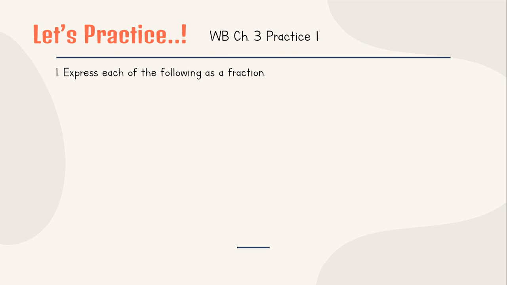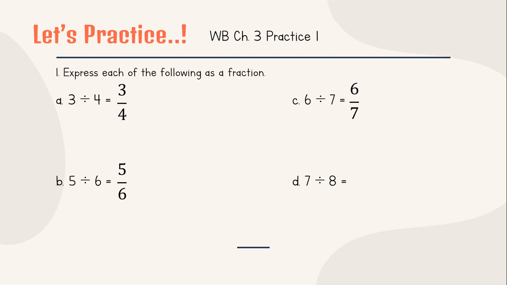Now we're going to do the practice in the workbook, Chapter 3 Practice 1. Number 1, express each of the following as a fraction. As a fraction only. So that's it. Kind of easy, right? So 3 out of 4, 5 per 6. That's it. Just easy peasy lemon squeezy.